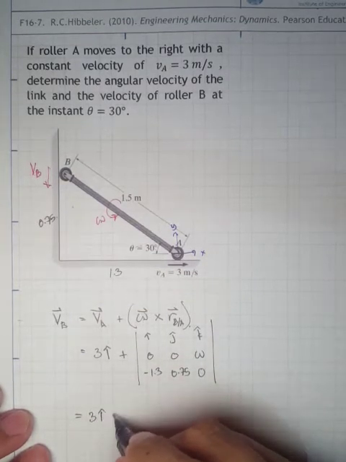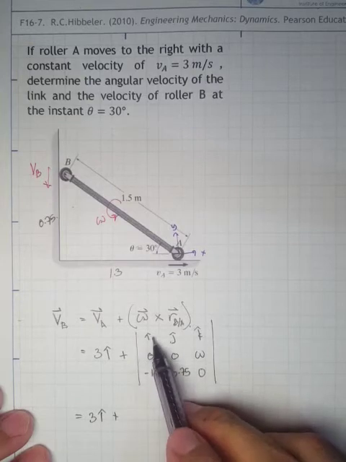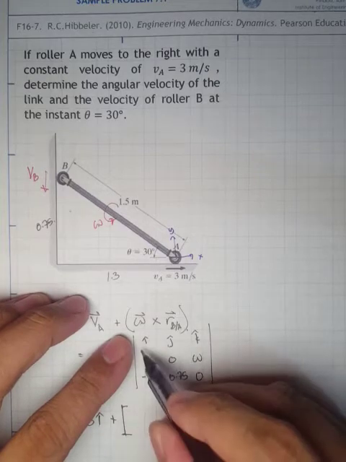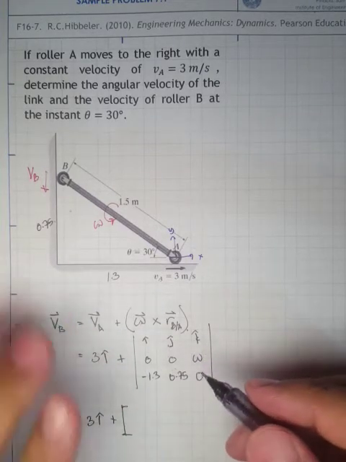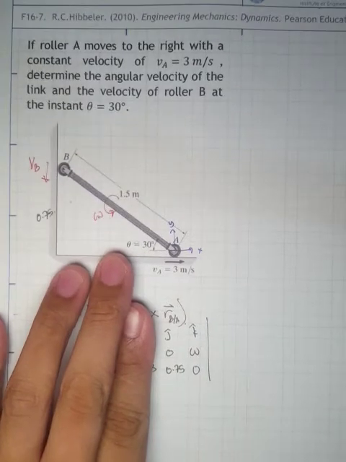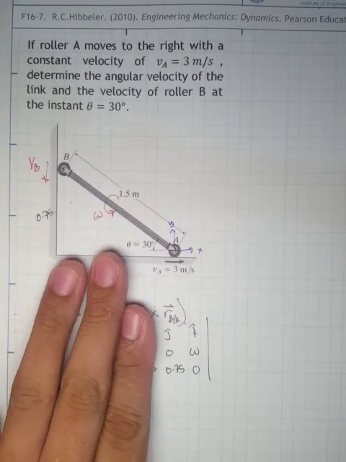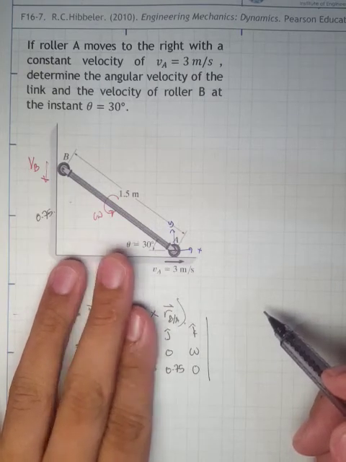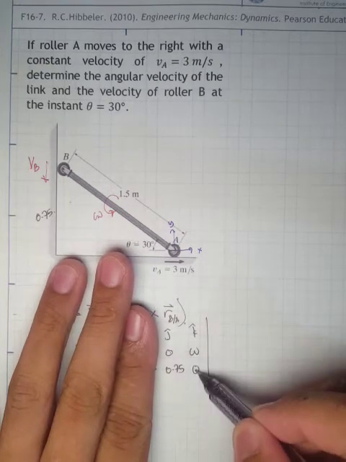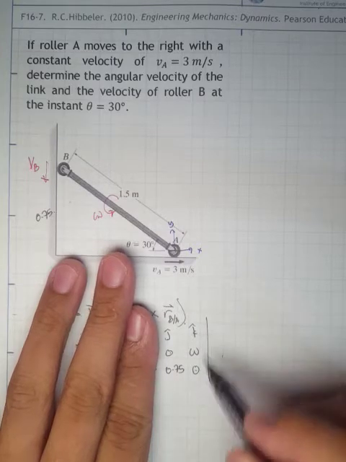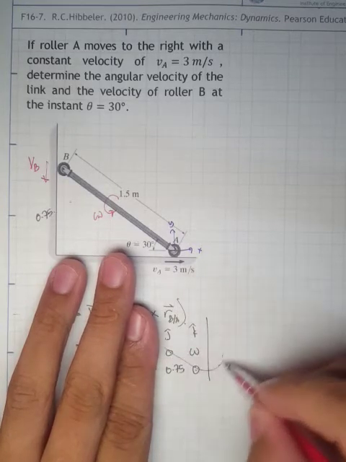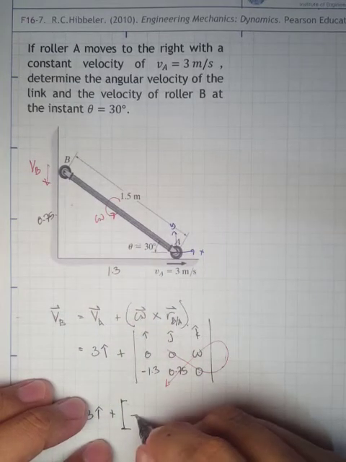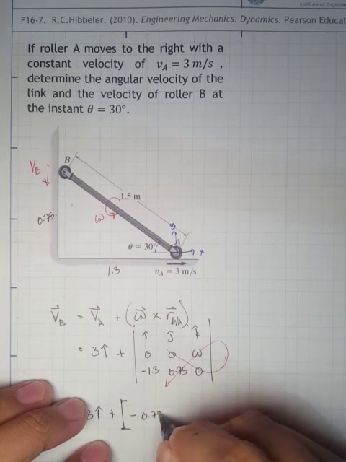So we have 3i plus, recall that when you solve this, there should be ijk. If you're solving for i, the shortcut method is you just cover this i column, and then you do 0 times 0 minus this one. So 0 times 0 is just 0, minus 0.75 omega.